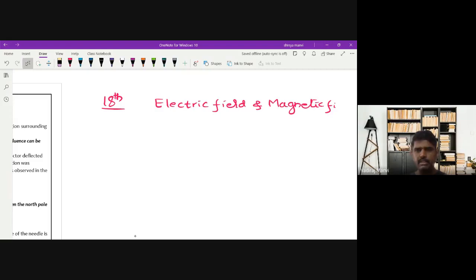In the sense, there was no connection between the electric field and magnetic field. Electric field was studied separately, and the way electric field is studied separately, magnetic field was also studied separately.